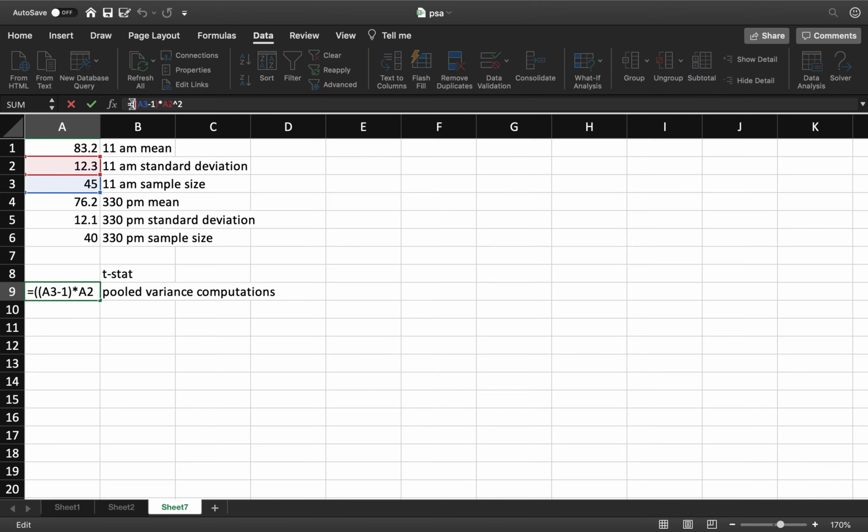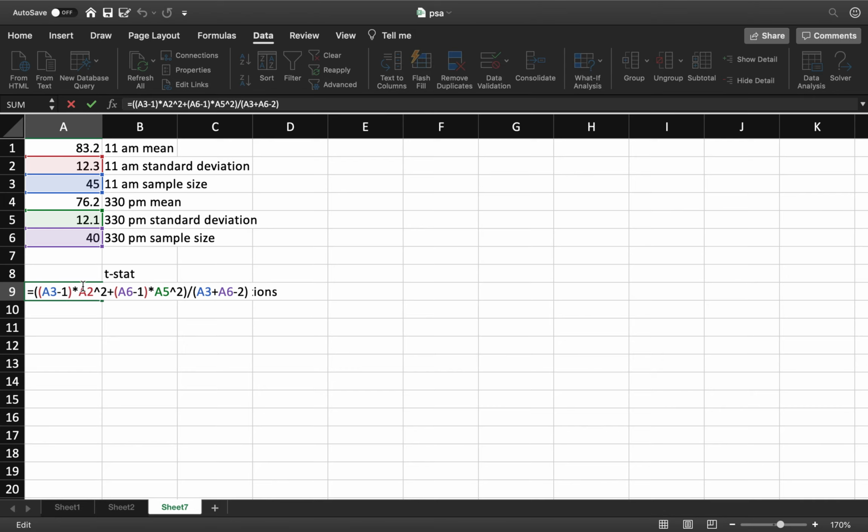I'm going to put this all in parentheses. Now, I'm going to add the second sample. I have 40 minus 1 times this standard deviation squared. That is the top, and then I have N1 plus N2 minus 2 in the bottom.